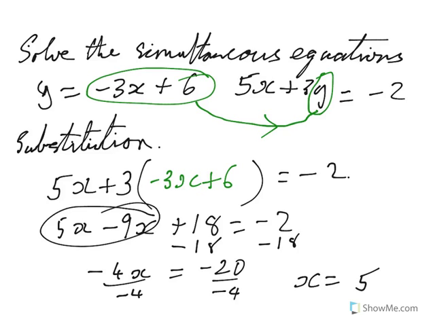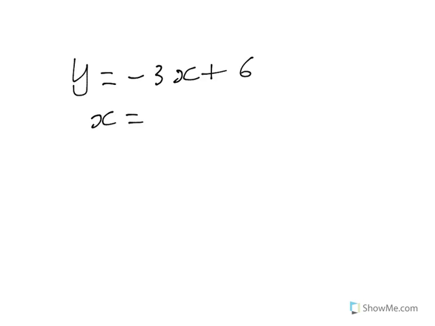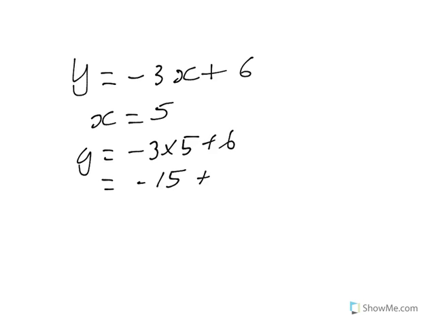So now we take that x and substitute it in, and I'm going to substitute it into y equals minus 3x plus 6, and we found out that x was 5. So y then is negative 3 times 5 plus 6, negative 15 plus 6 would be negative 9.